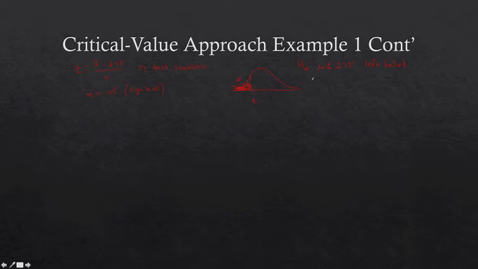Well, how do we do that? We'll go to Table 2 in the appendix and look at the numbers in the middle. Find the ones that are close to 0.05 to the left. Remember, Table 2 means to the left, so you're looking at the scores to the left.